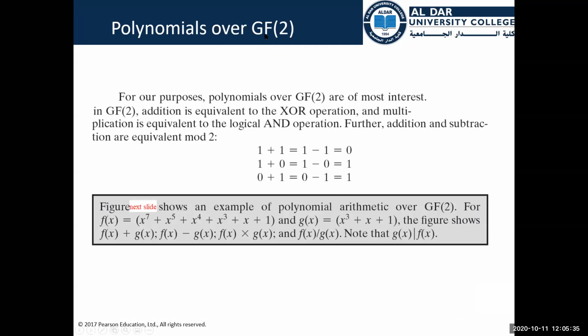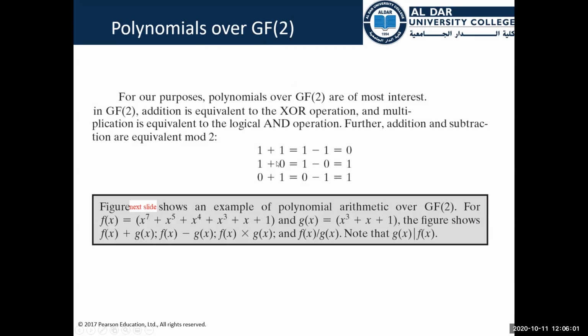We talk about GF of 2 first, then we move to GF of 2 to the power m. For example, we can do all the operations on GF of 2. They are very straightforward. We can use XOR to make addition and subtraction. So for example, 1 plus 1 equals 1 minus 1 equals 0.